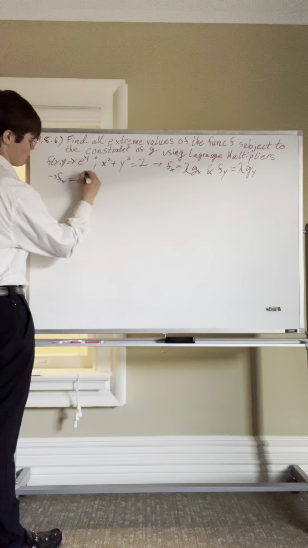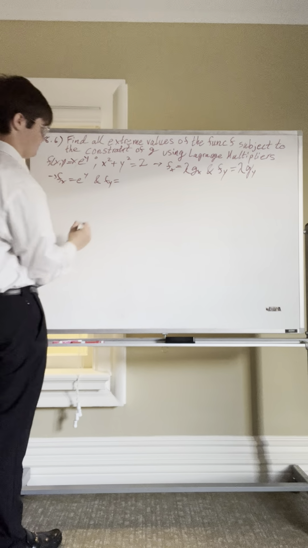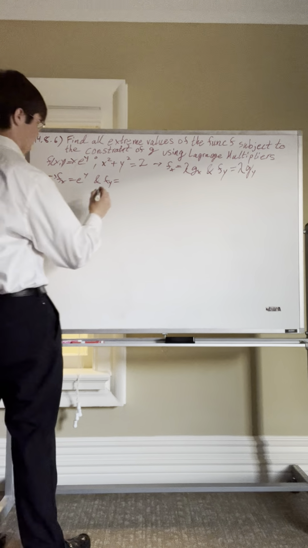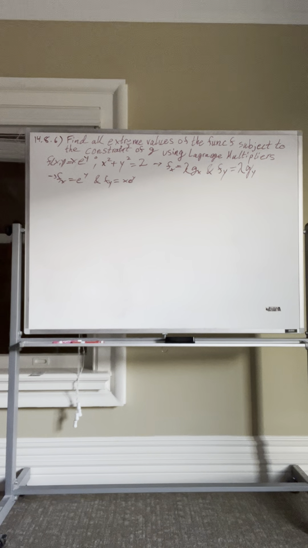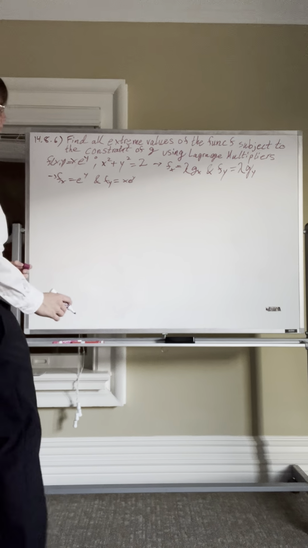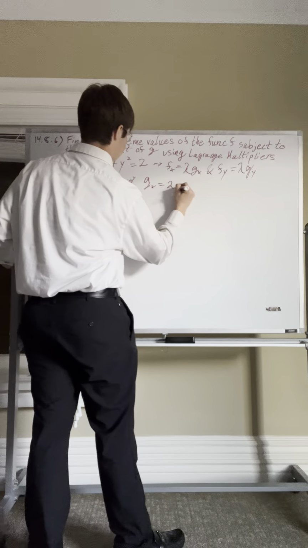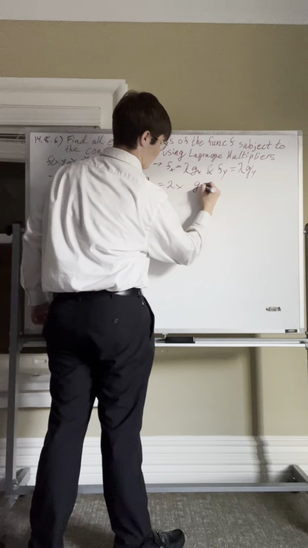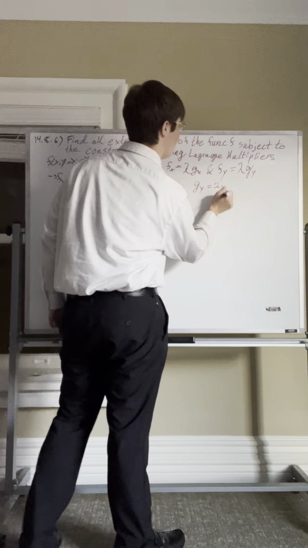Fx equals e to the y, and fy equals, what was it? Oh, just x e to the y. Is that right? Yeah, because the derivative of e to the y is just going to be e to the y. After that, let's find g. With respect to x, it's just 2x, and the partial derivative of g with respect to y equals 2y.